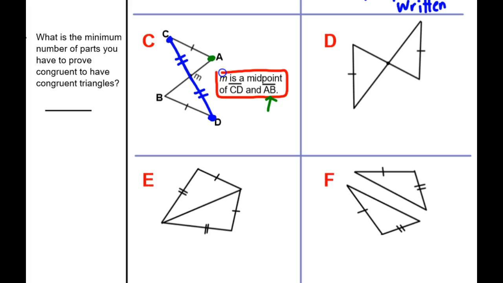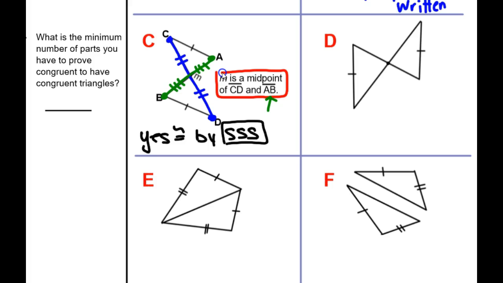Put your pencil on A, trace all the way to B, and I know M is the midpoint again, so I know now this one is also cut in half. If you look at those two triangles, is there enough to say that they are congruent by side, side, side? And the answer is yes, congruent by side, side, side. You have 3 sides of one triangle congruent to 3 sides of another triangle.